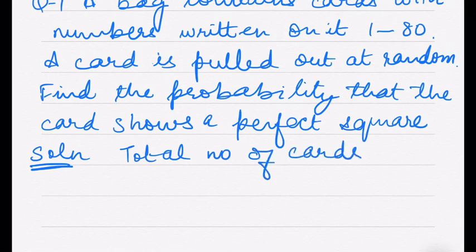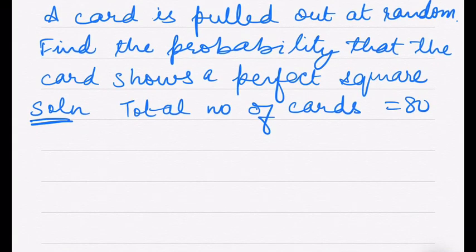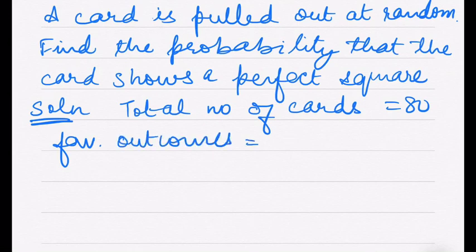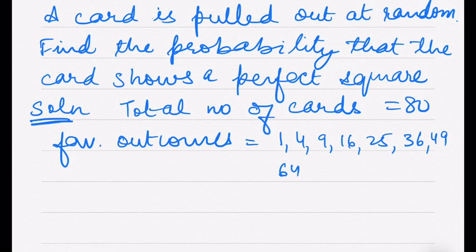So now we'll write down total number of cards, or total number of outcomes are 80. Okay, now we'll talk about the favorable outcomes. So what are my favorable outcomes? We need to include all my perfect squares. So 1 square, then 2 square, then 3 square, 4 square, 5 square, 6 square, 7 square, 8 square, then 9 square will be greater than 81, right?